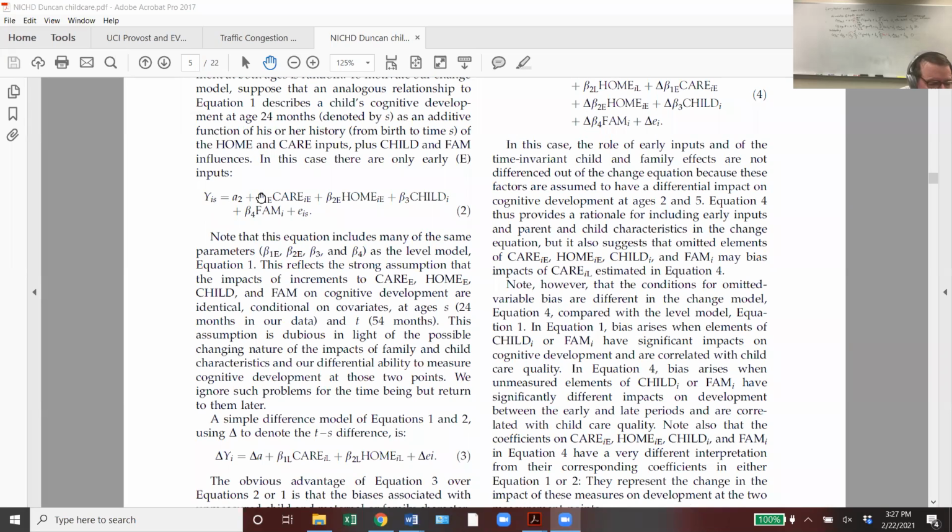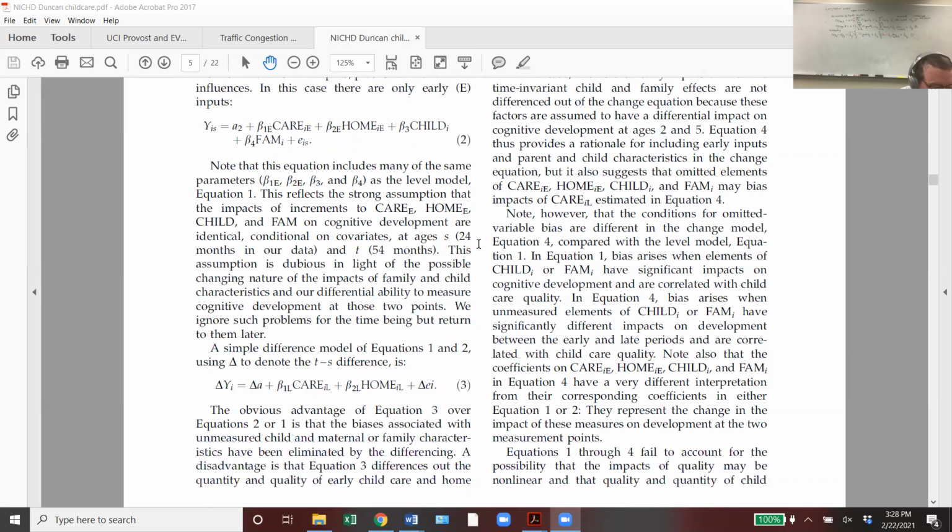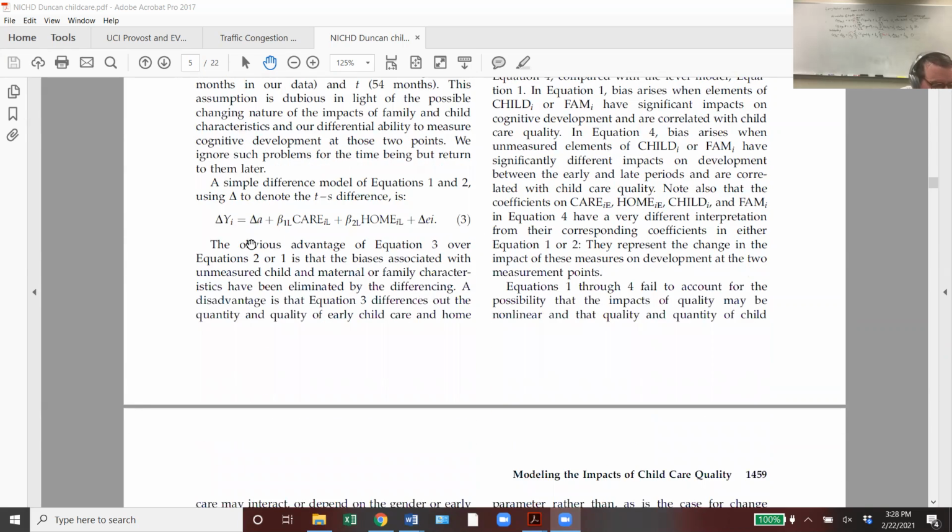That's time S. And at age 3, you only have the early components: early childcare, early home, and then these child and family components. And then we difference the two and get change in cognitive scores between 3 and 5 as a function of average level of care between 3 and 5, and average level of home conditions between ages 3 and 5. So it's exactly what we developed on the board.